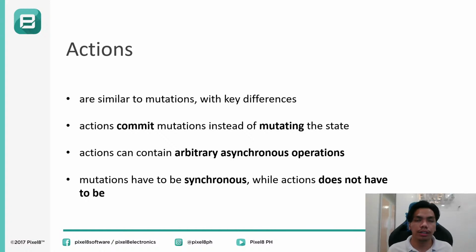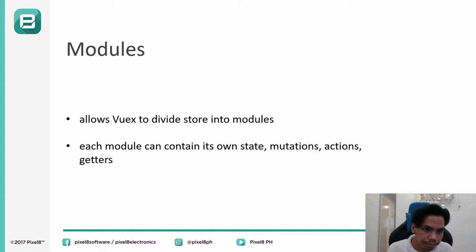So that is the reason why mutations are synchronous: to make state changes more predictable, meaning the change will only be one at a time, making it more predictable, right? So that is the reason why it is like that.